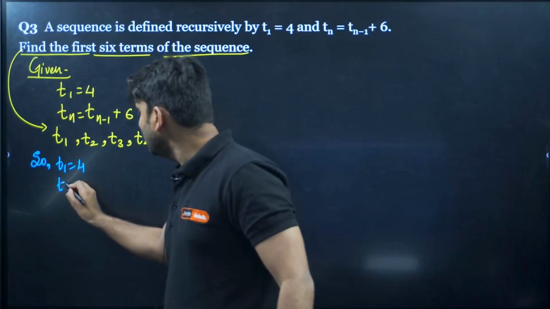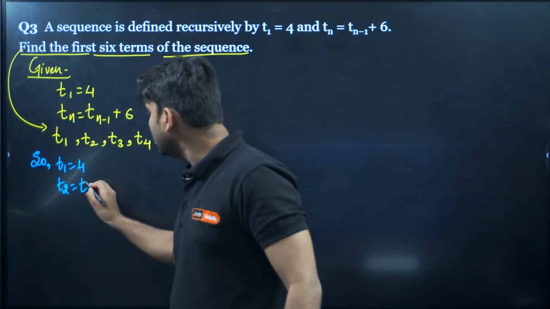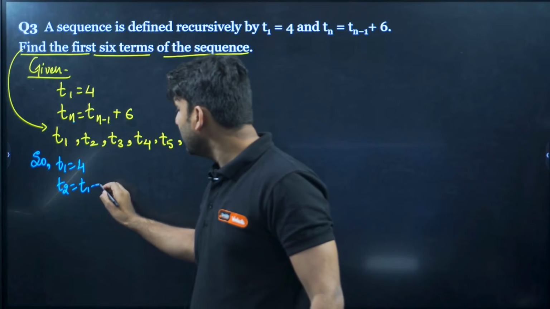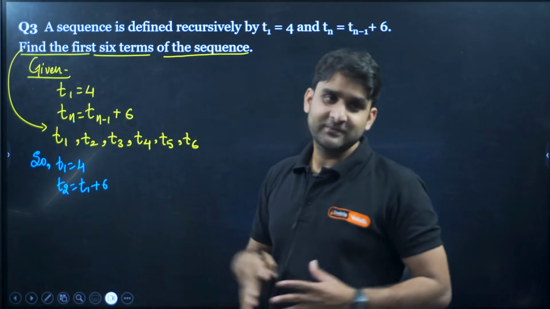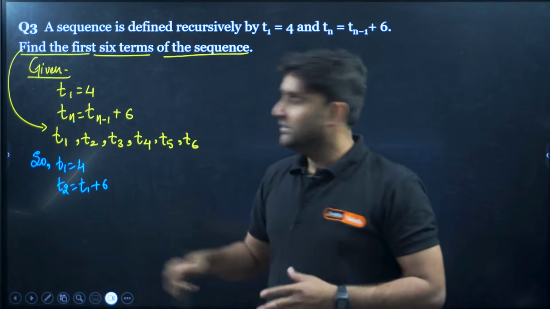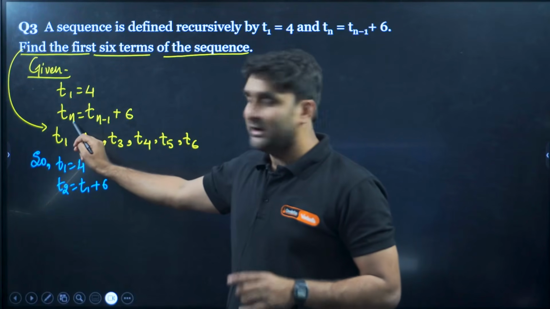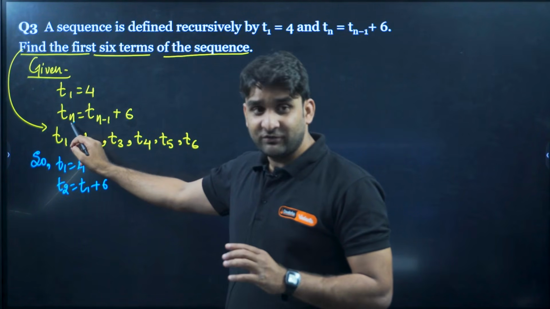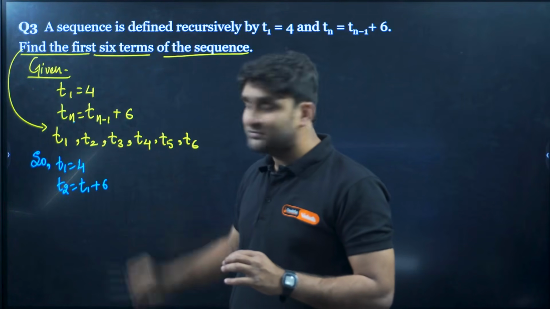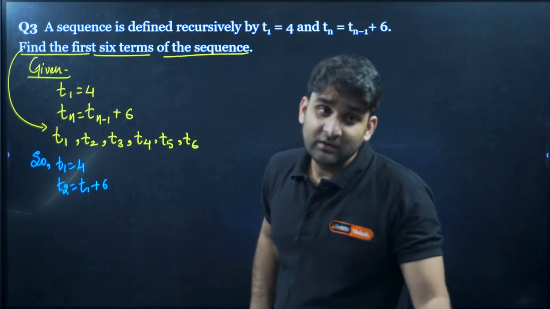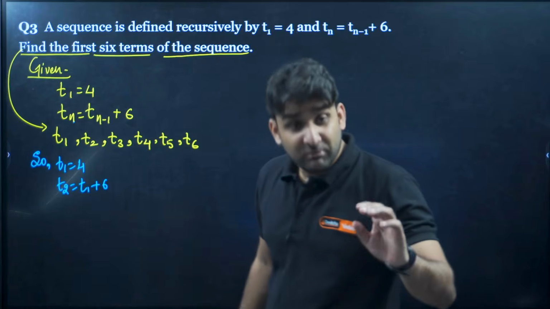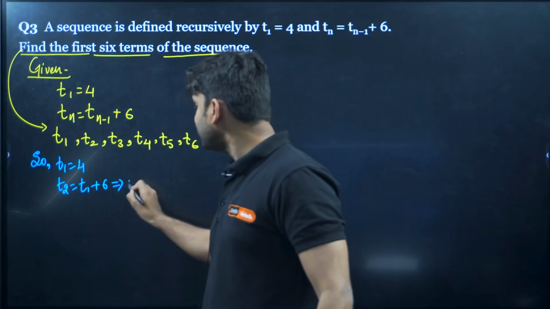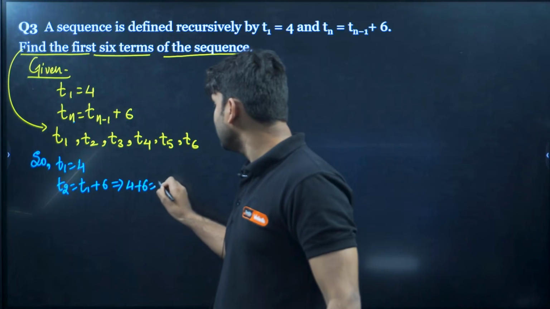So T2 will be equal to T, and here also 2 will come, and 2 minus 1 will be T1, plus 6. Getting my point? I am replacing this n by 2 because we want T2. But if we are putting 2 at the place of this n, this will also be 2 minus 1, and 2 minus 1 is 1. So T2 is equal to T1 plus 6, and T1 we already have as 4, so we put 4 plus 6, which is equal to 10.